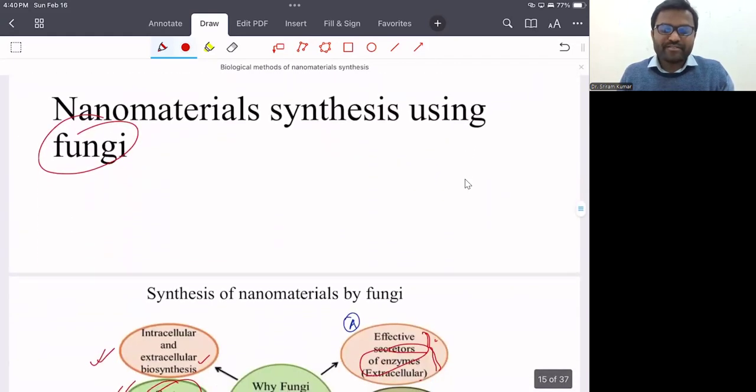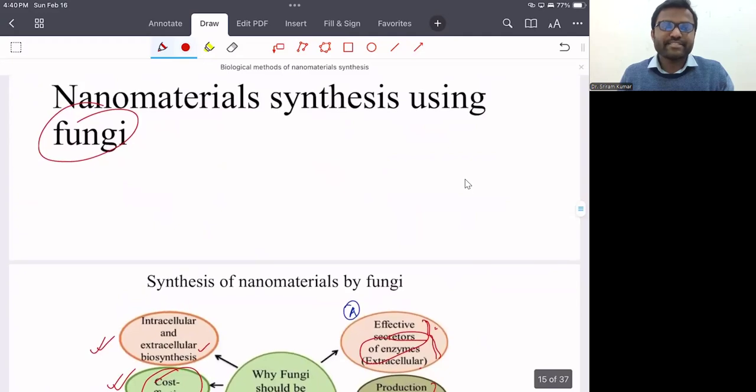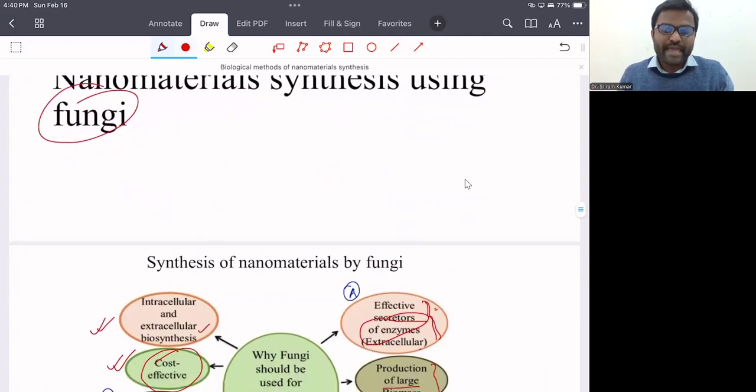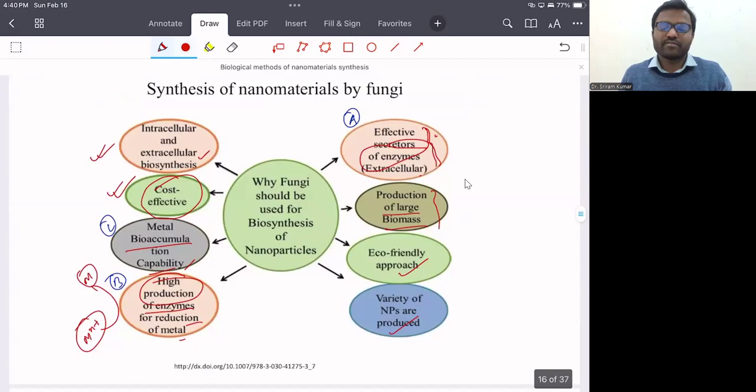Then we understood nanomaterial synthesis using fungi, and why we should use fungi as compared to bacteria for nanomaterial synthesis. We understood this with three different points. One is the effective secretion of enzymes, that is the extracellular mechanism.